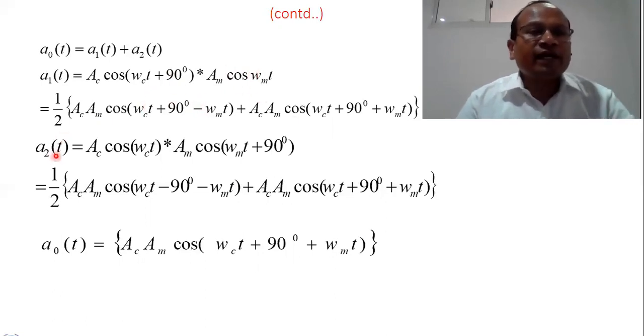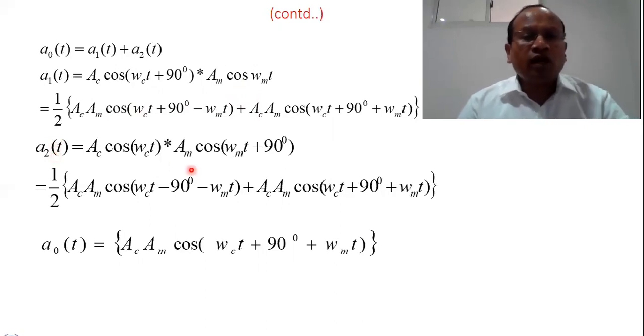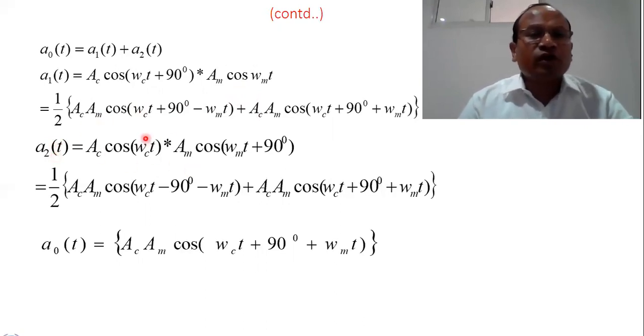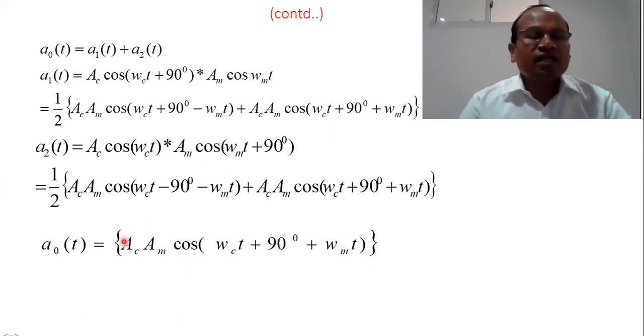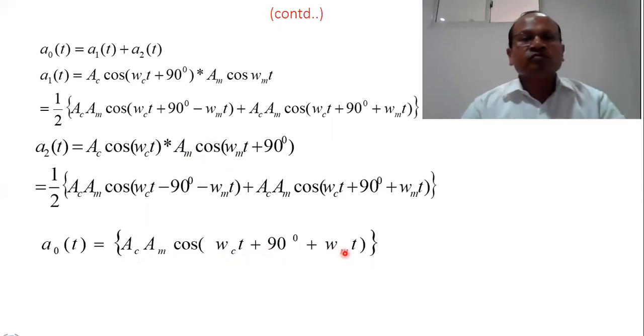Similarly, when we calculate a2(t), the original carrier is modulated by the delayed modulating signal. See here, this is the delayed modulating signal. Using the same trigonometric formula, when we add both, a1(t) plus a2(t), the other terms will get cancelled, and we'll get Ac Am cosine(omega ct plus 90 degrees plus omega mt).